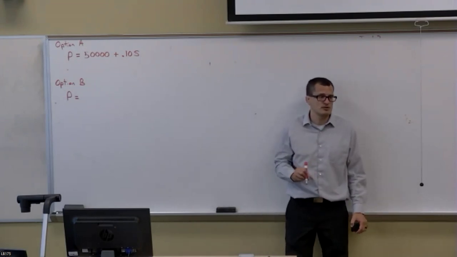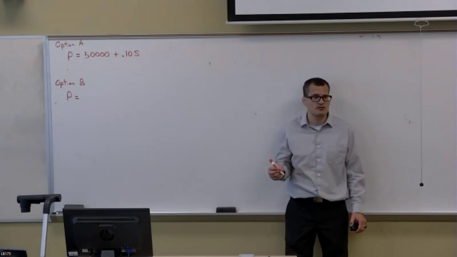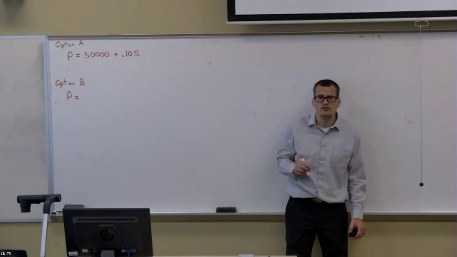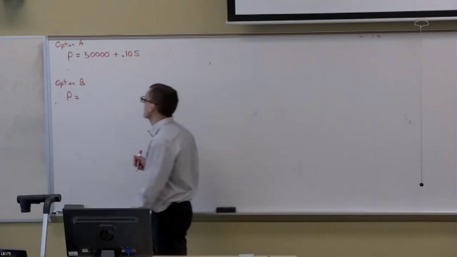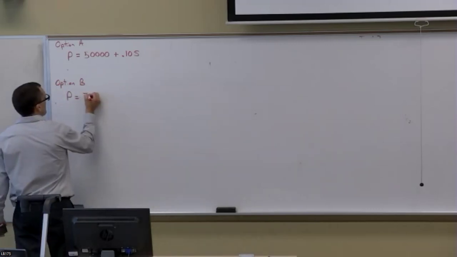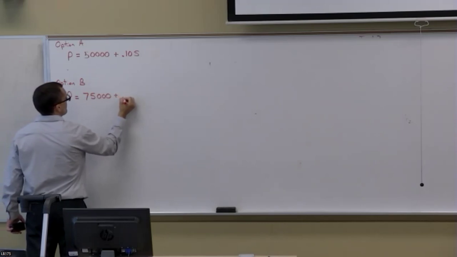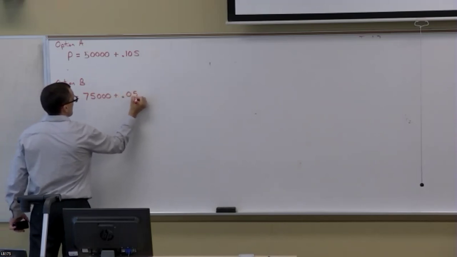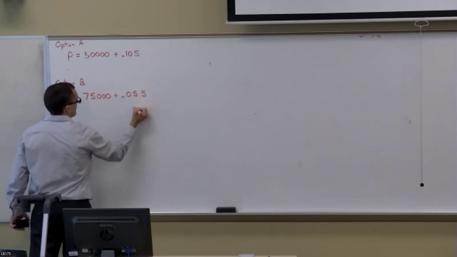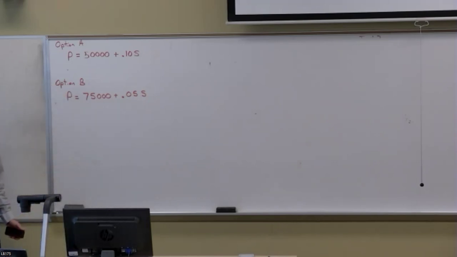I use the decimal most often. 10% is 0.10, so 0.10 times S. Option B is $75,000 plus a 5% commission on sales. That's going to be 0.05 times S.